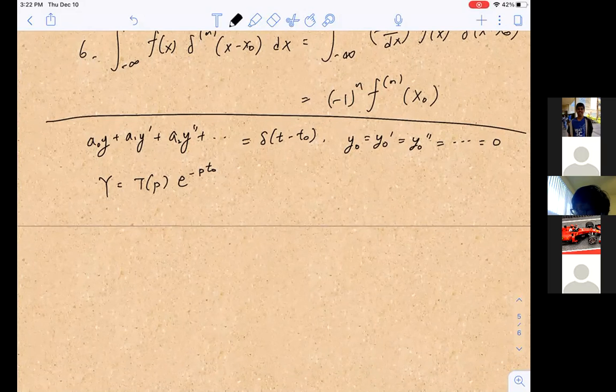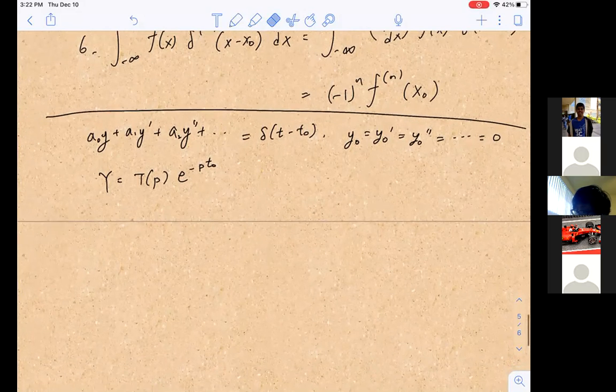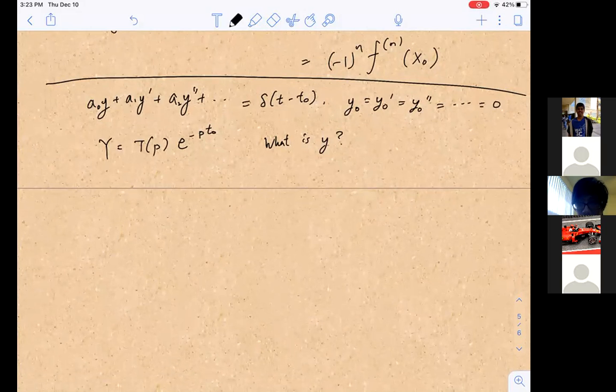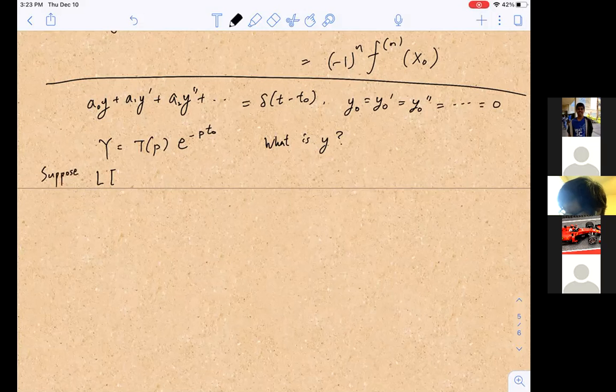So then what is y? What is little y? Okay, so suppose the Laplace transform of y hat is this transfer function.